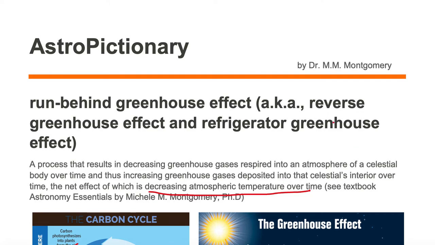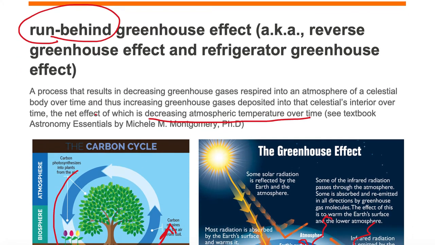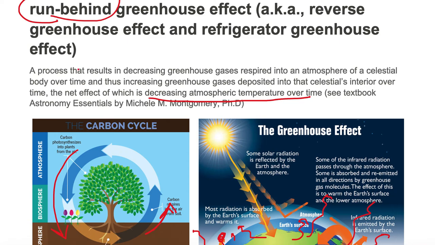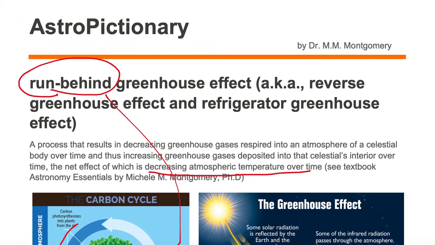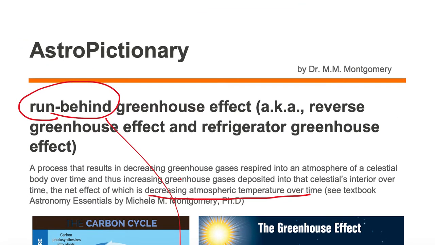Hence, we have a reverse greenhouse effect, otherwise known as a refrigerator greenhouse effect or a run-behind greenhouse effect. The run behind part is because the greenhouse effect is putting fewer gases into the atmosphere. Hence, we have a running behind of putting greenhouse gases into an atmosphere of this celestial object.